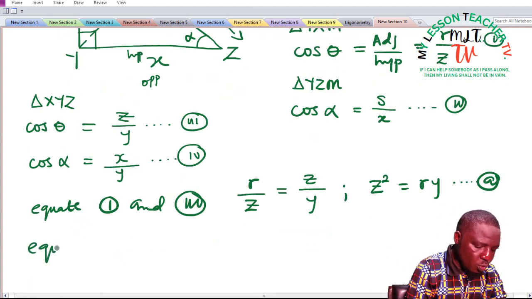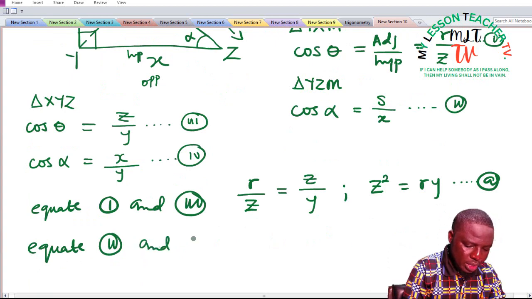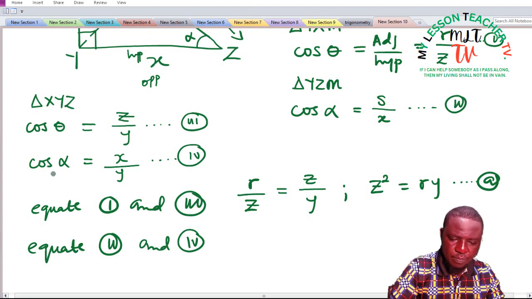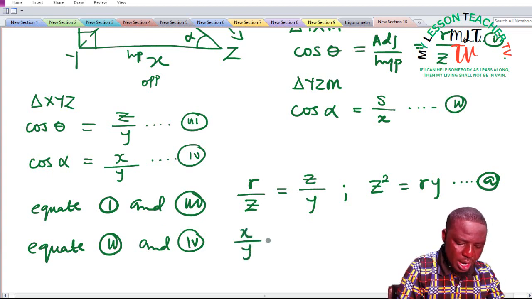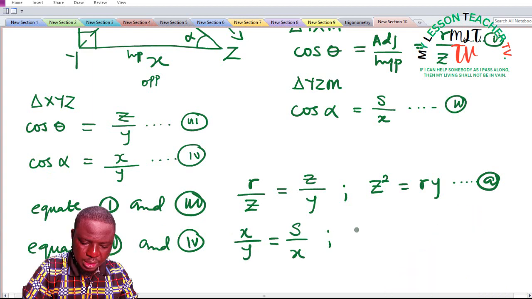While when you equate equation 2 with equation 4 being cos alpha, this gives us X divided by Y is equal to S over X. Now, when you cross multiply, this gives us X squared to be equal to SY.